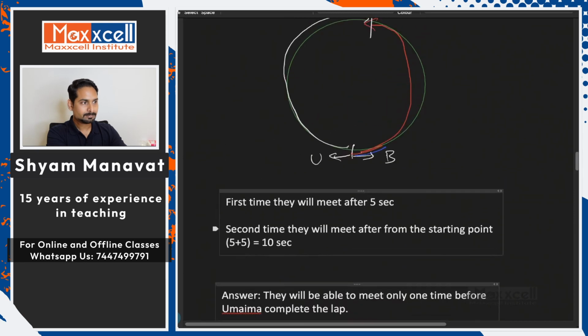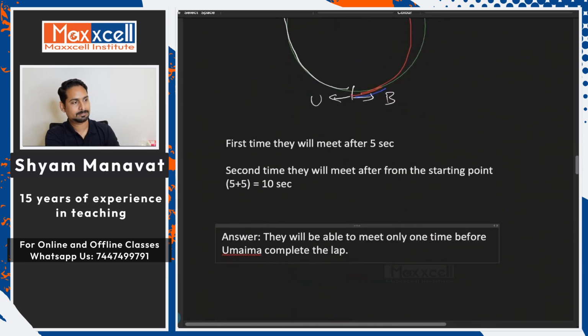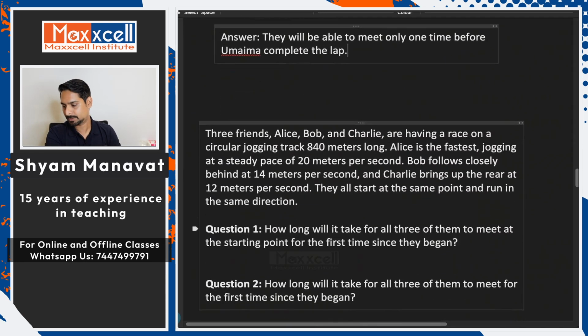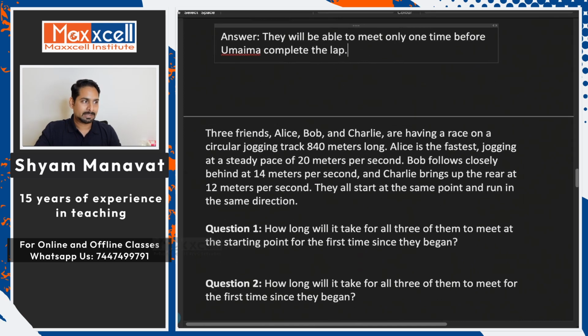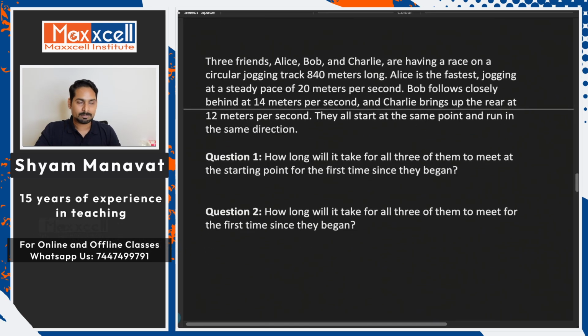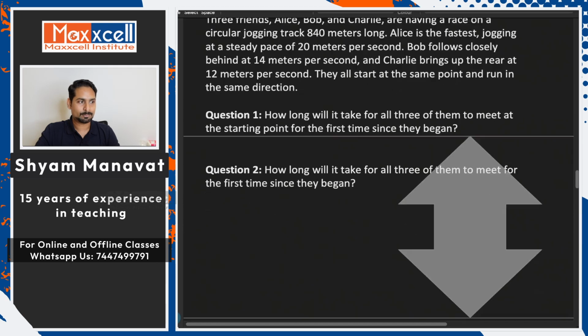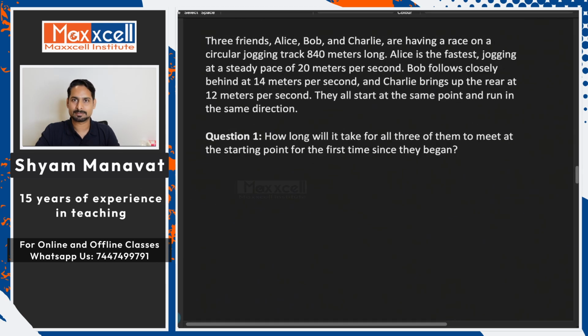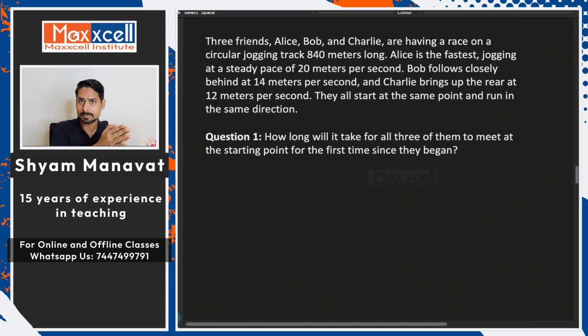Fine. I hope this is clear. So am I applying any special formula for this? You can see I'm not applying any special formula, right? It's all relative speed and a little bit of common sense.